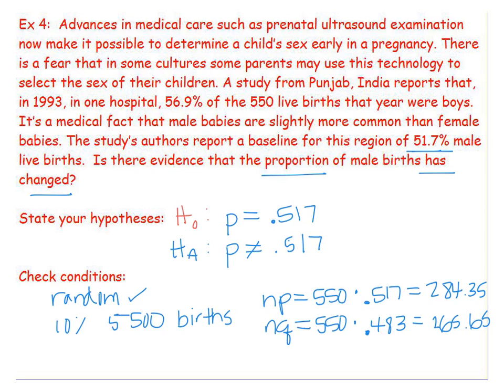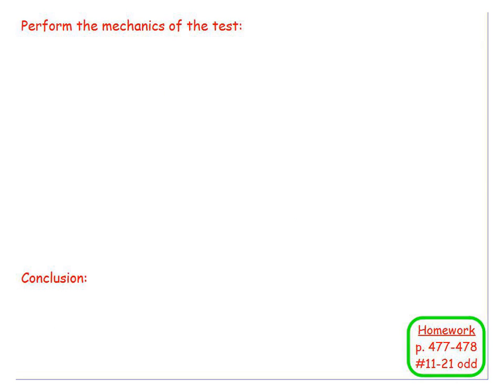So now let's go on to our math. So what do we need to know math-wise? We first need to know our p-value, which was 0.517. We need to know our p-hat. So for that one sample, it was 56.9. So 0.569. So we now have to find our z-score.